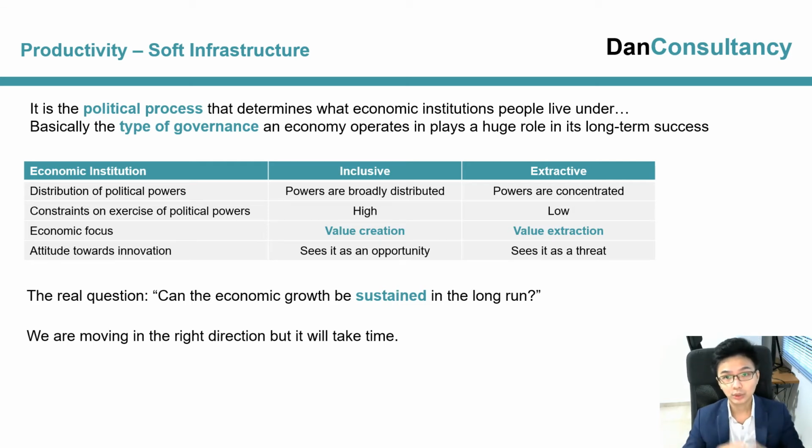A hybrid model will be more likely, at least in the next 10 to 20 years. Nonetheless, the move towards a more inclusive economic institution will be beneficial on a regional level as it helps facilitate a more sustainable economic growth moving forward.